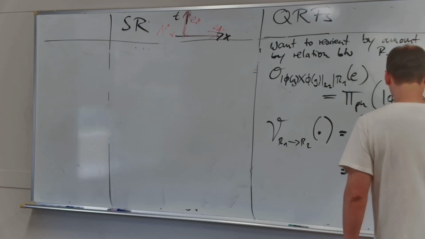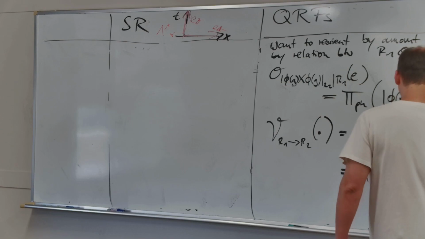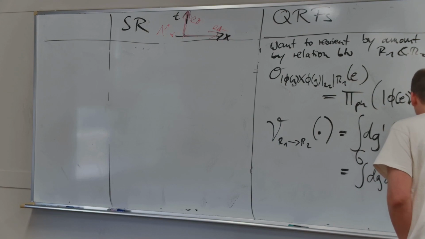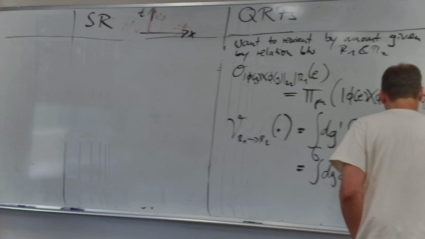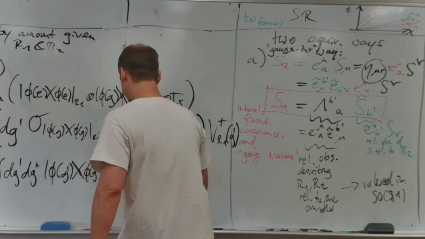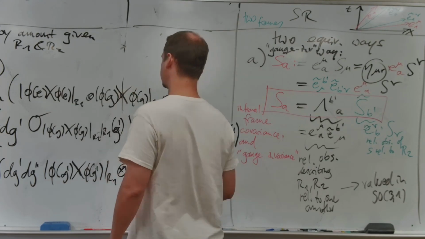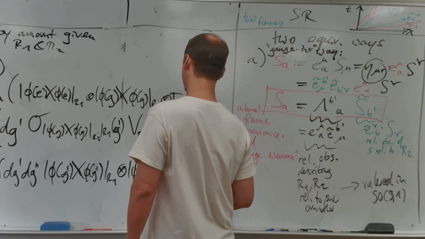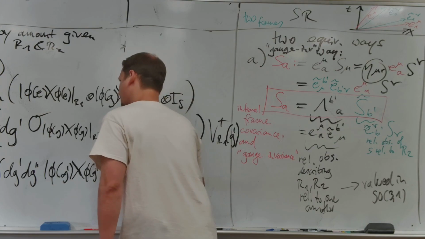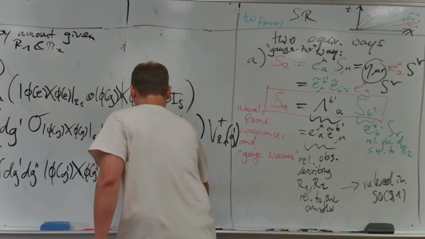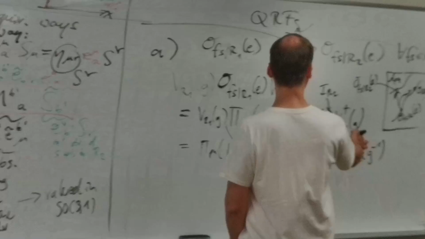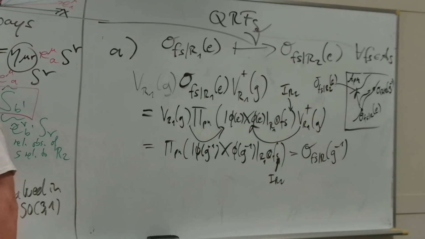So this guy, G. I think actually this G now, when I want to go to the identity here, I have to set this G to the identity.